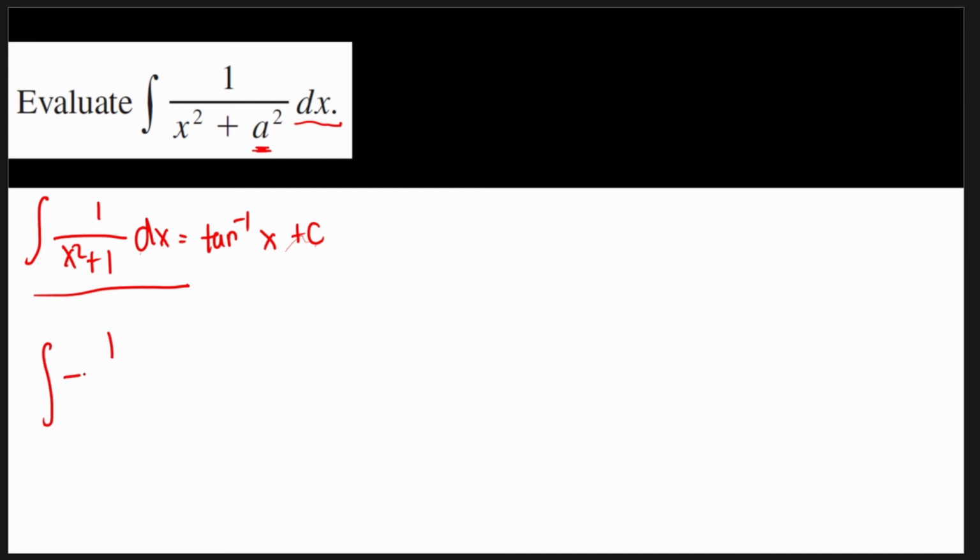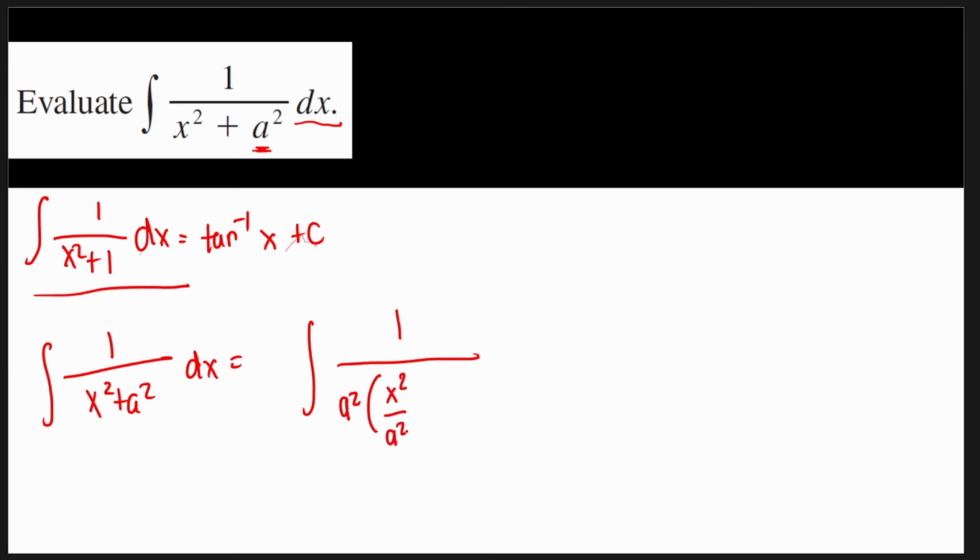The integral of 1 over x squared plus a squared dx would be equal to the integral of 1 all over a squared times the quantity x squared over a squared plus 1 dx, since we are taking out the a squared.